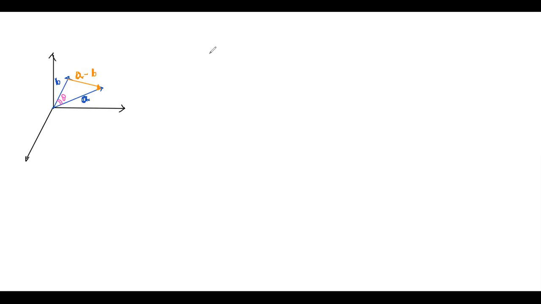How do I show the important formulas here? The way we're going to do it is by the law of cosines. I don't know if you guys still remember the law of cosines.